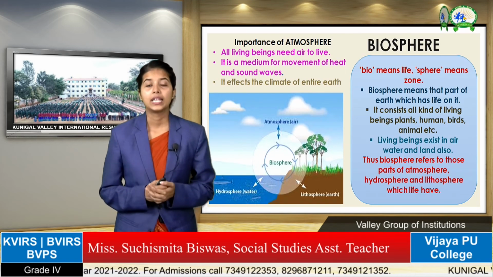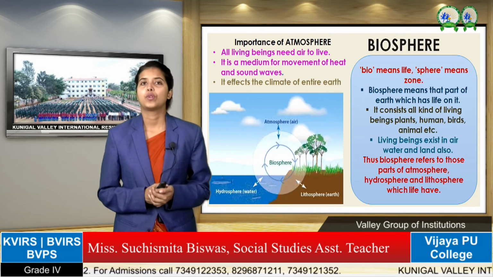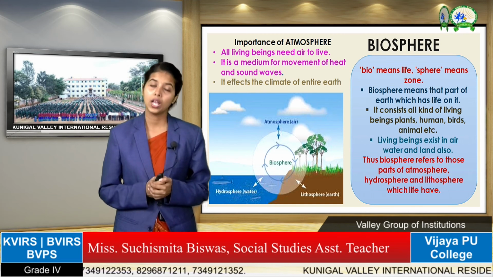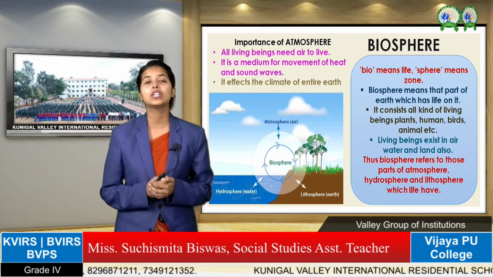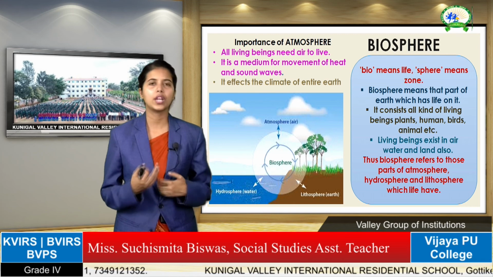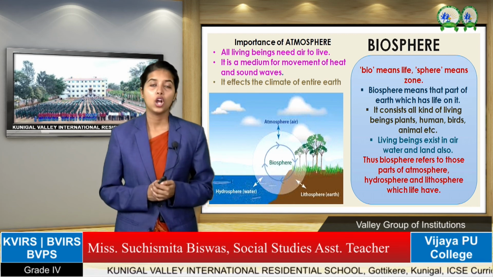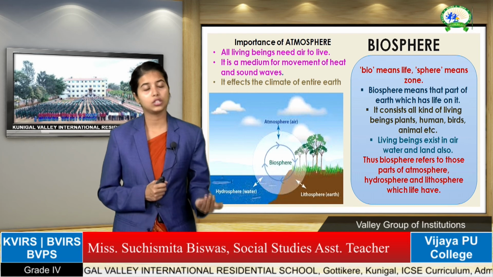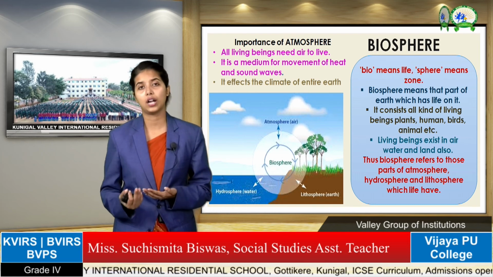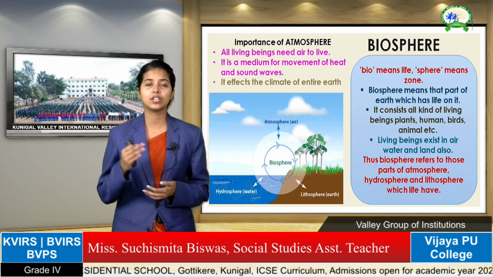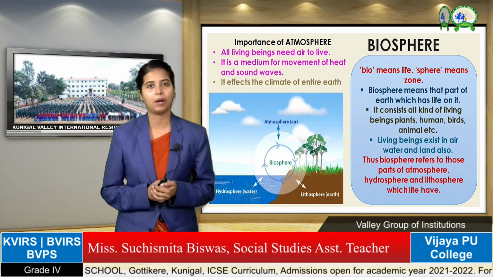And lastly, the biosphere. When we are talking about the biosphere, we are talking about all the spheres, because biosphere means the living sphere. Wherever we have life is included in the biosphere. So we have life on the lithosphere, on the hydrosphere, and in the atmosphere. All 3 spheres come under the biosphere.